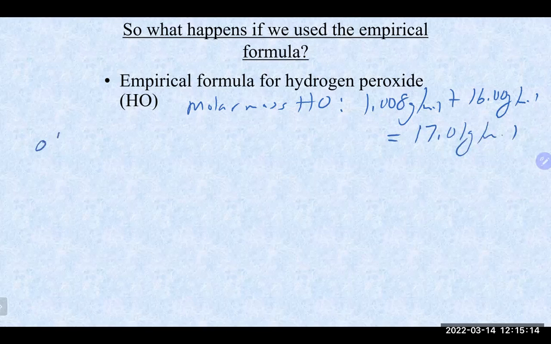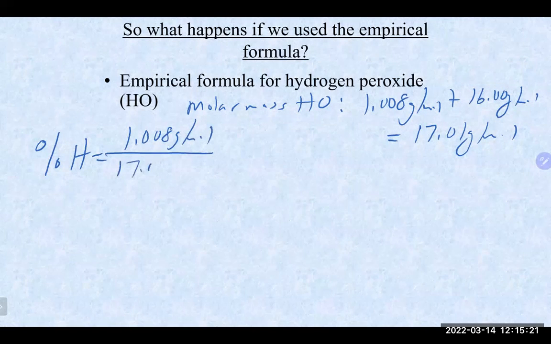Then calculating our percentage of hydrogen in this case would be 1.008 divided by 17.01 times 100%.